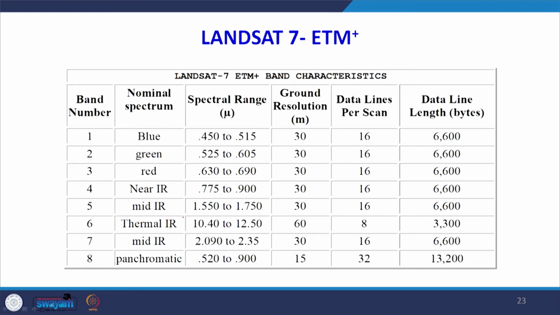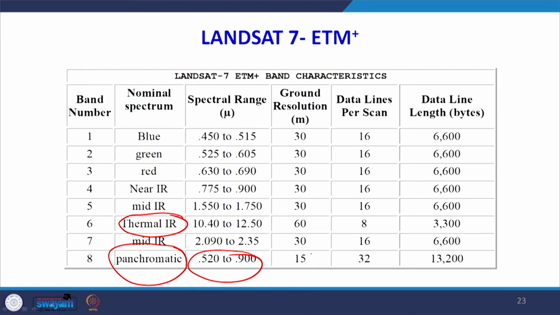We have the thermal infrared band as we had in the thematic mapper data, but the addition here was the panchromatic band. Panchromatic is black and white. The range of this particular data is 0.52 to 0.9 micrometer wavelength region, and the resolution becomes just double the previous one.